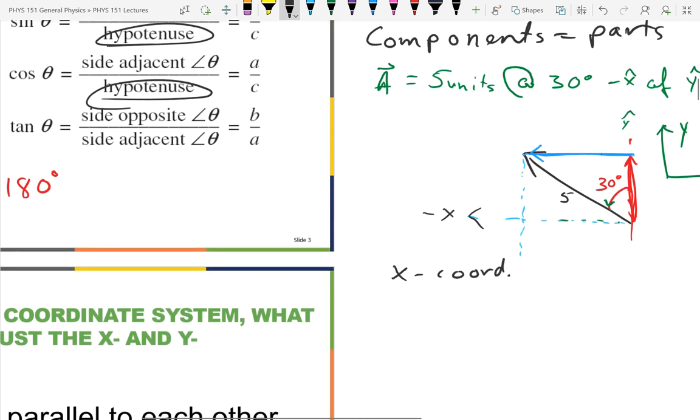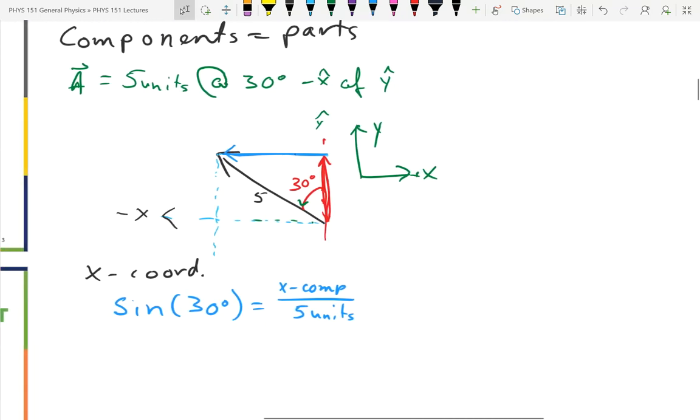We can all answer which one relates opposite and hypotenuse. Sine. So I can look at this and I can say sine of my angle is equal to the opposite side, which is my x component, divided by the hypotenuse, which was 5 units, whatever those are. And this is the easiest math you ever see in physics.